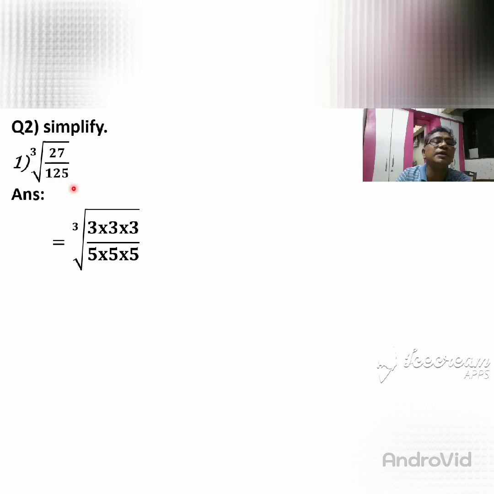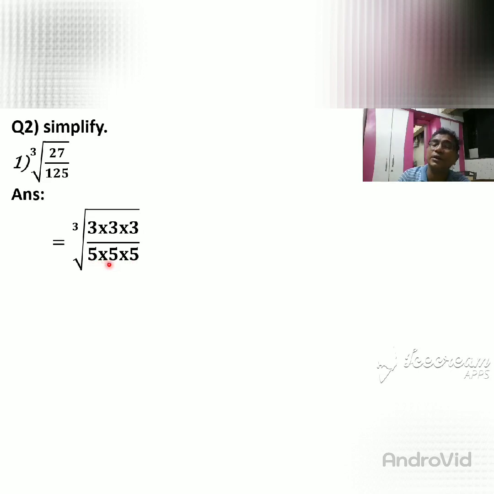See, here I am showing the steps to you. The numerator 27 is 3 into 3 into 3. Then 125 can be factorized as 5 into 5 into 5.